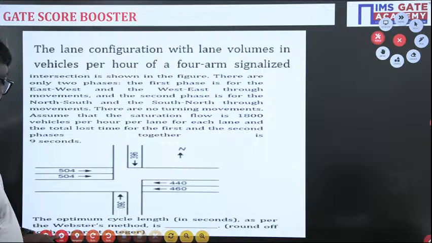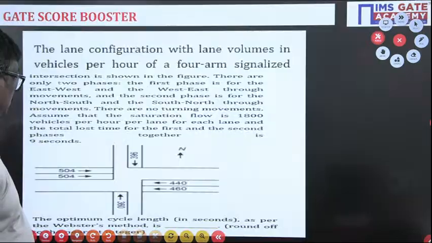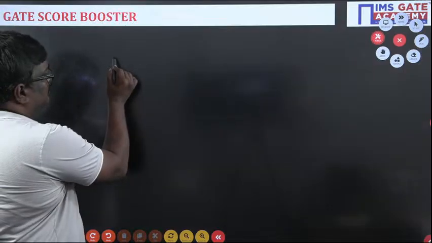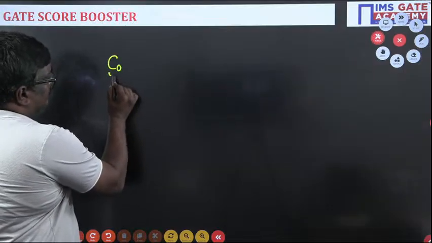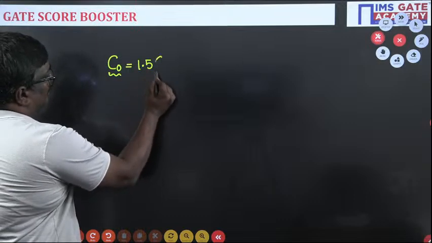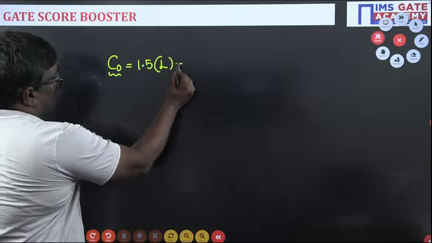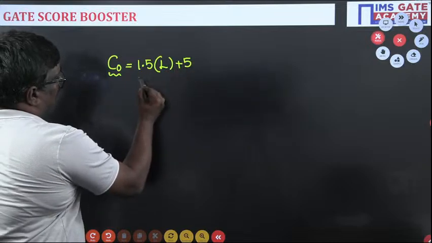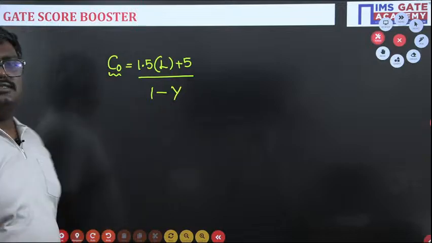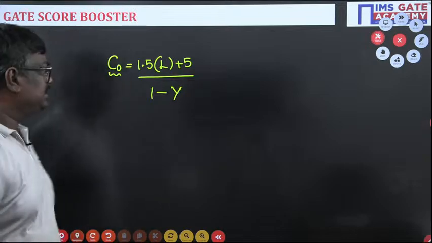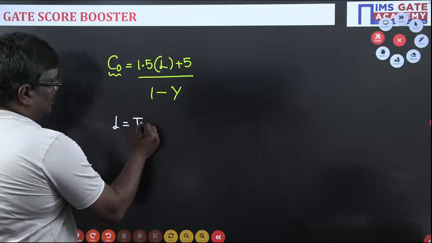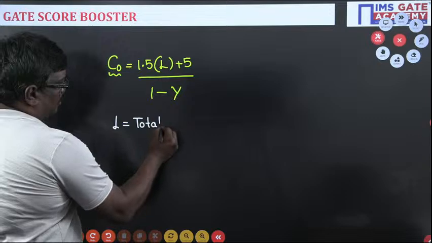So here, students, the optimum cycle length is given by the formula (1.5 L + 5) upon (1 − Y).